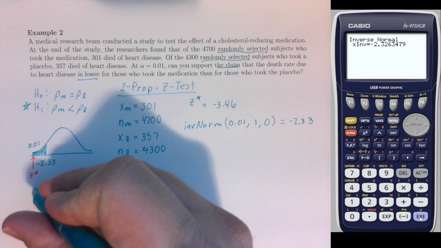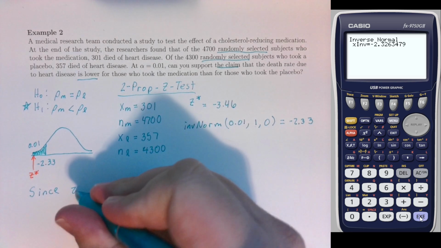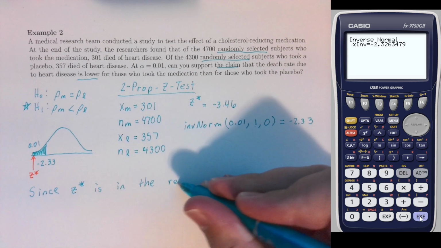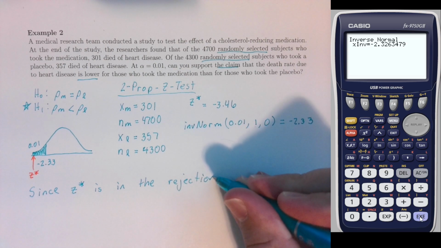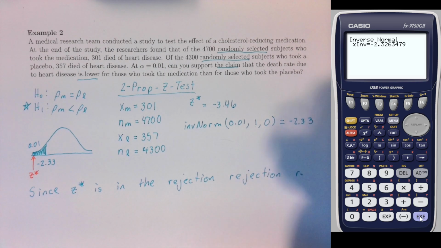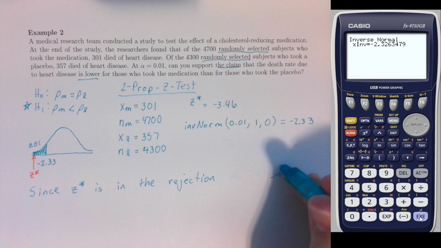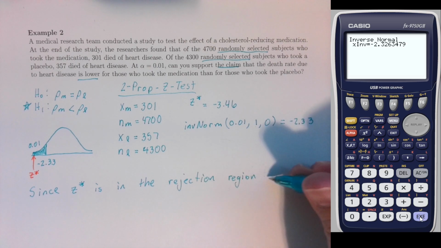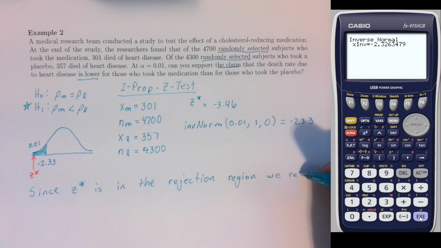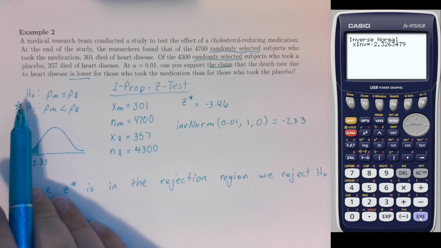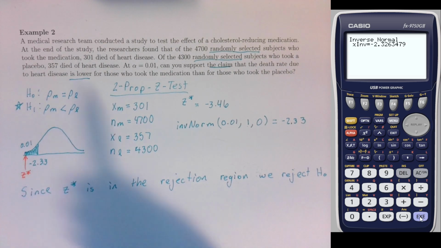So since z star is in the rejection region, we reject the null. Since we're rejecting the null and our claim was the alternative, that means we support our claim.